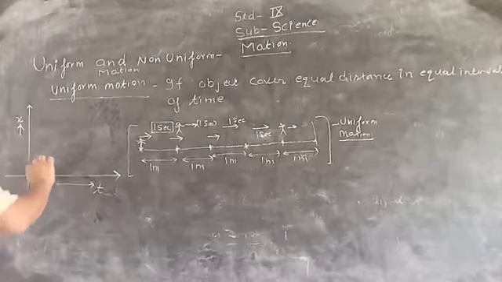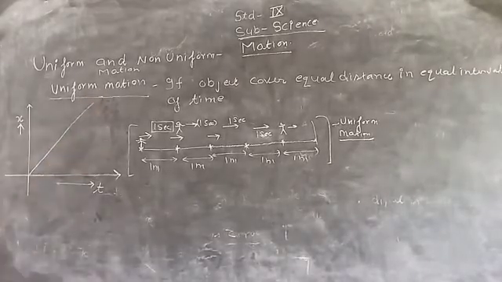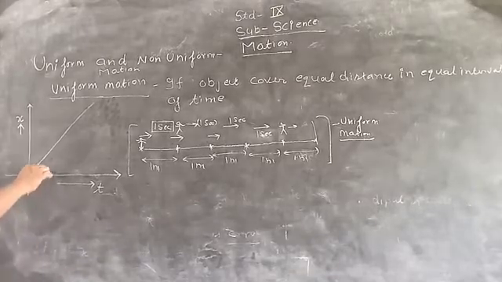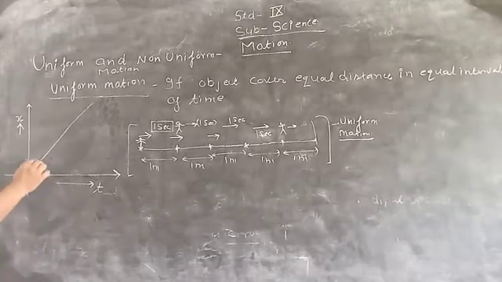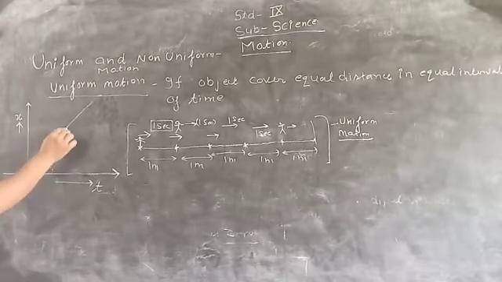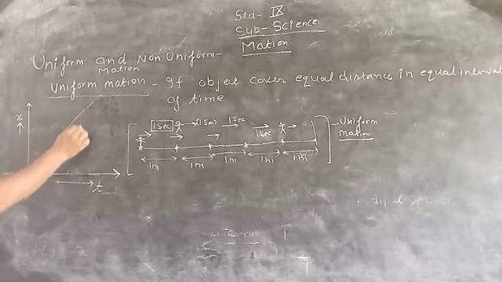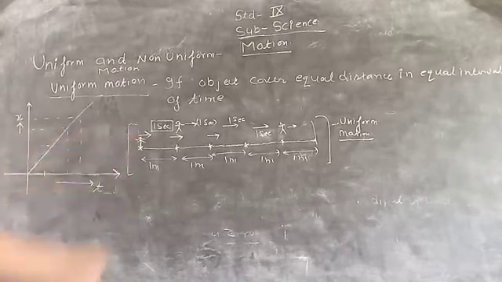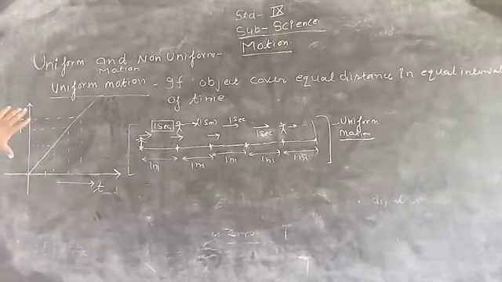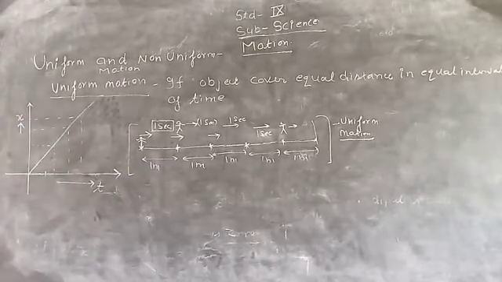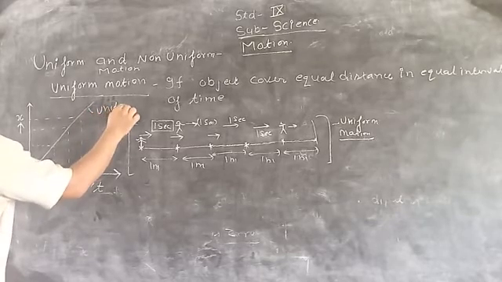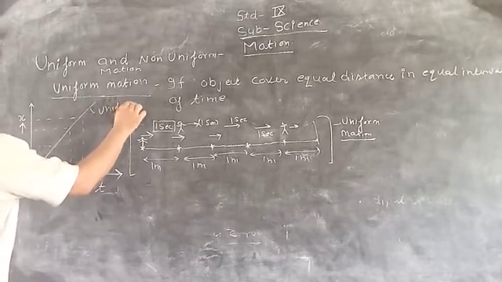So now we see that this is the track of the particle. Here the particle covers 1 meter in 1 second, 2 meters in 2 seconds, 3 meters in 3 seconds, like that from the following observations. This type of motion is represented on the graph, and this is called uniform motion.